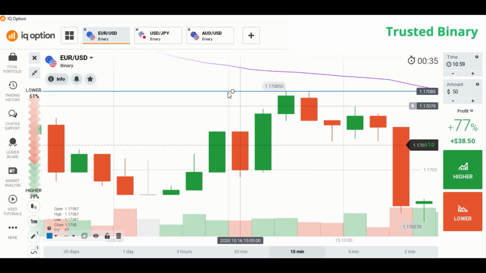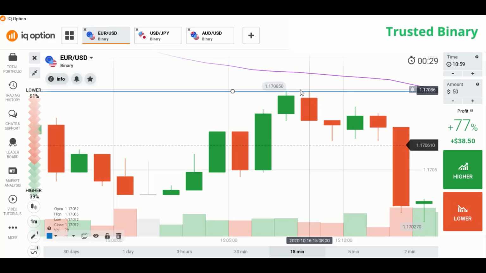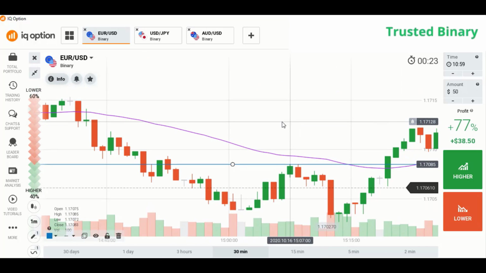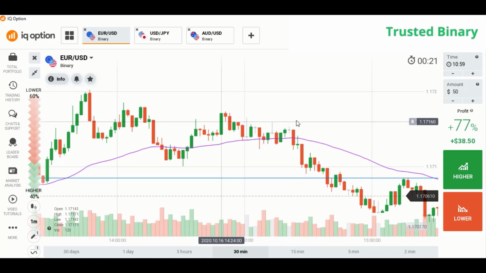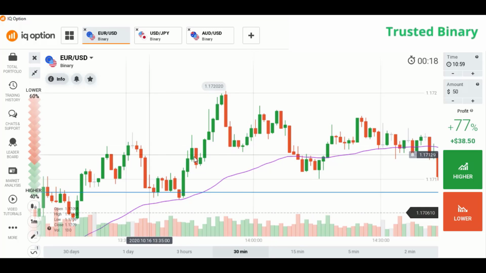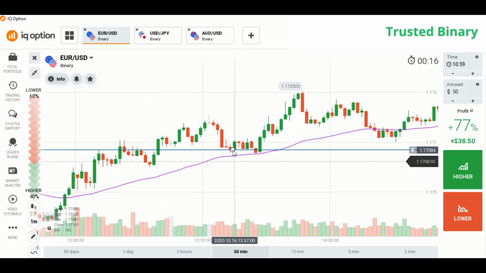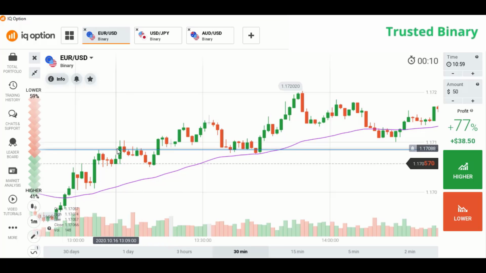So we have to search from which level the rejection came in these two candles. So I am checking this. Yes, this is a strong SNR level, support, resistance.